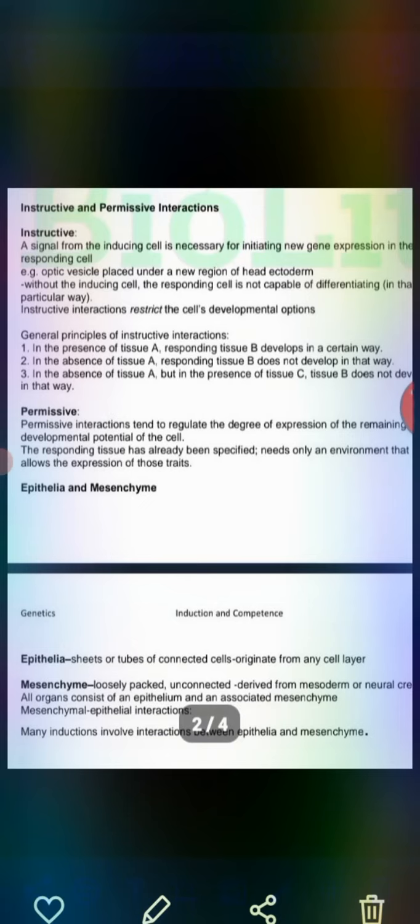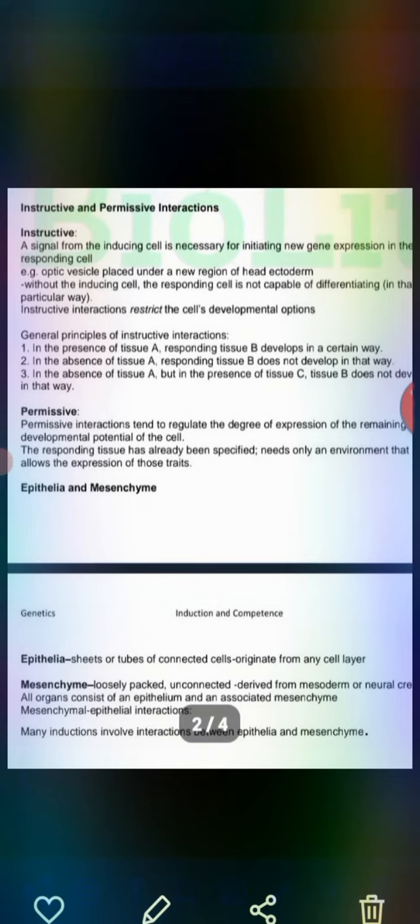So the instructive interaction maintains an interaction between the inducer and responder, that is, an induction. In the instructive interaction, the inducer is necessary for the responder for the induction reaction, for the expression of new genes by the responder.